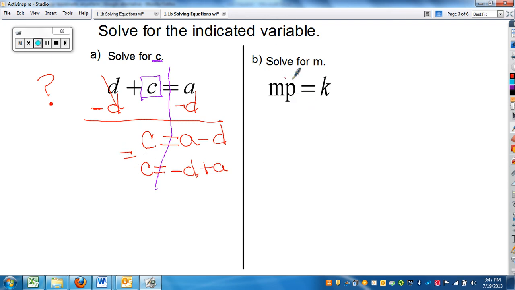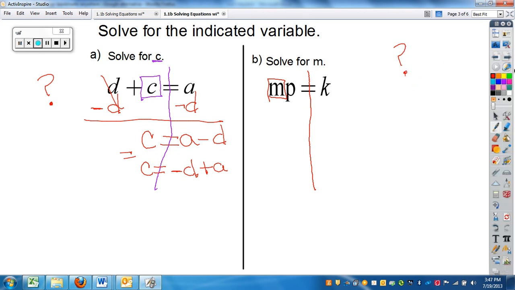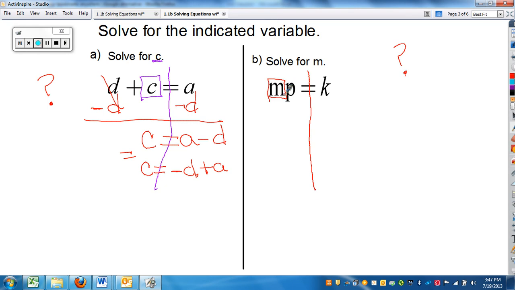So on B, now I'm solving for m. I'm going to draw my line so I know my two sides. m needs to be alone on the left side, and p needs to move to the other side. So again, you need to think to yourself, what operation is in between m and p? Well, anytime two things are next to each other, that indicates multiplication. Opposite of multiplication, that is division.